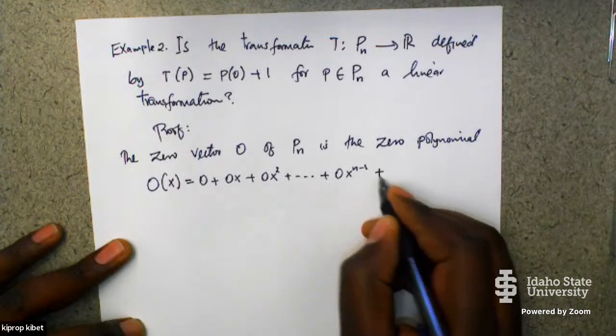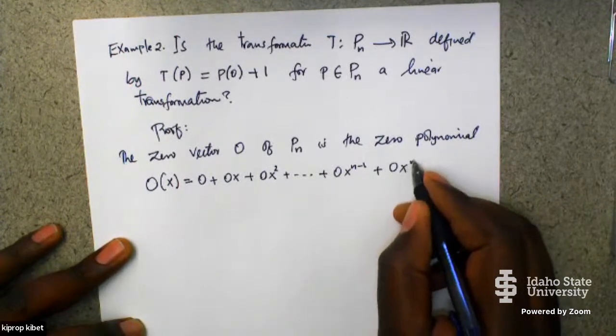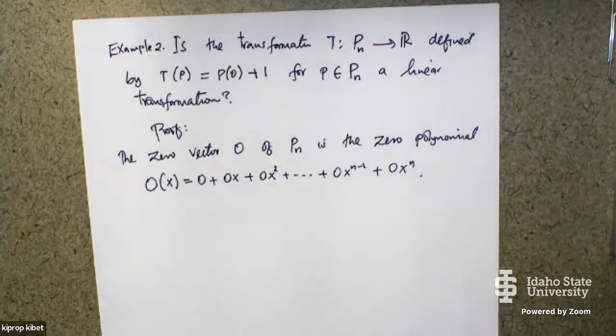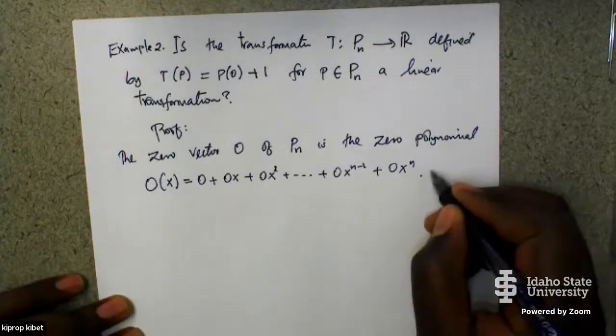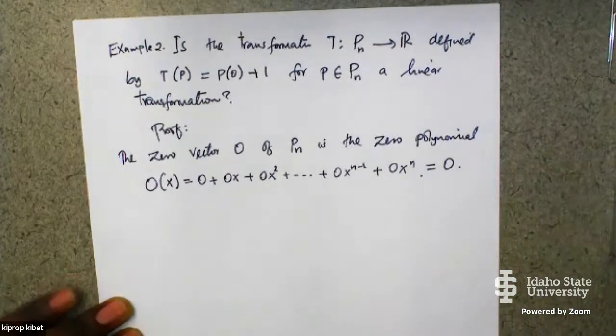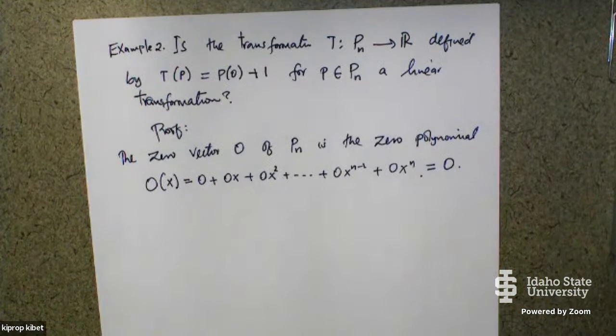So the zero vector will give us that. It means the zero vector of x will actually give us a 0. So it is equal to 0.